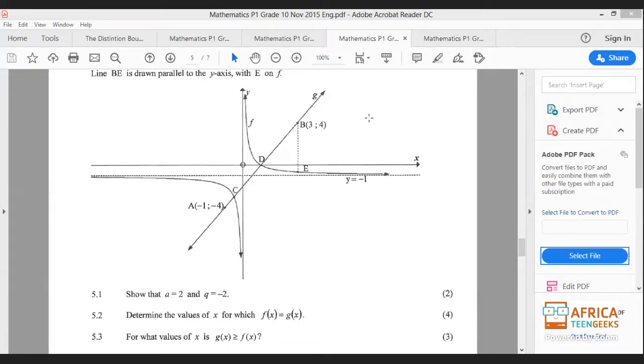You replace the other values in this equation, and you'd say y is 4. So then you say 4 is equal to 2 times 3 plus q.